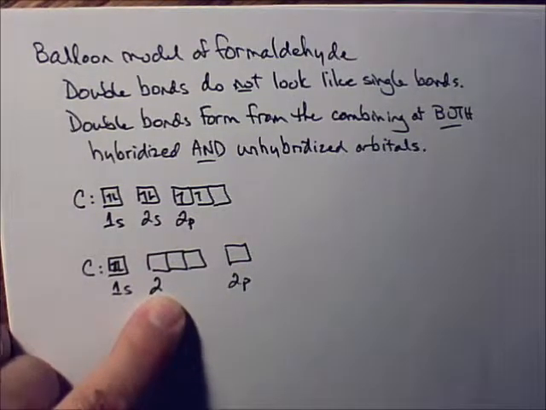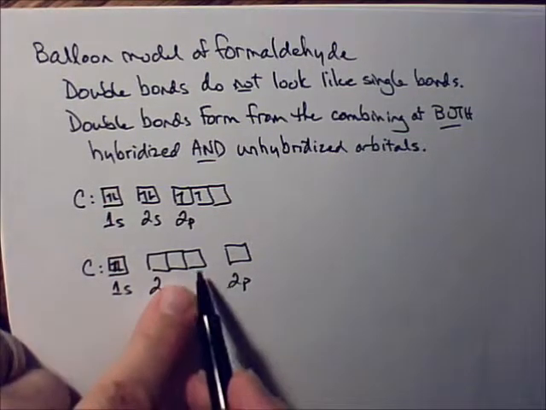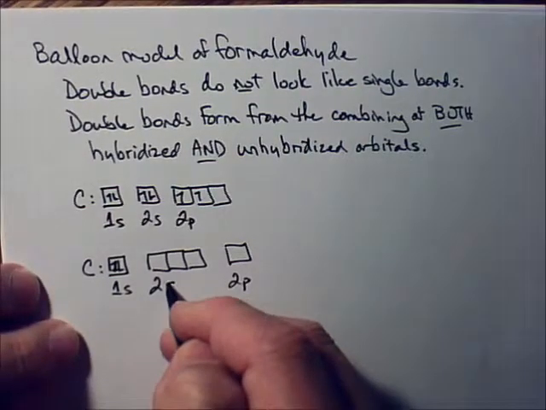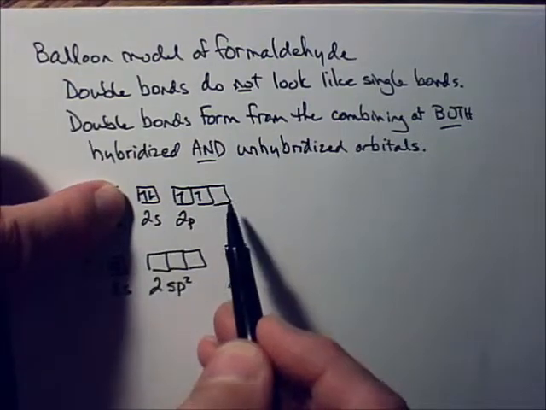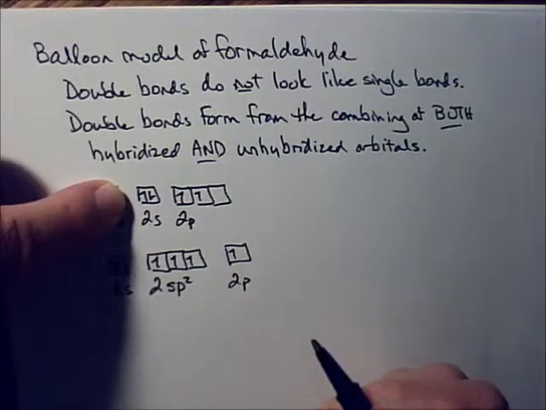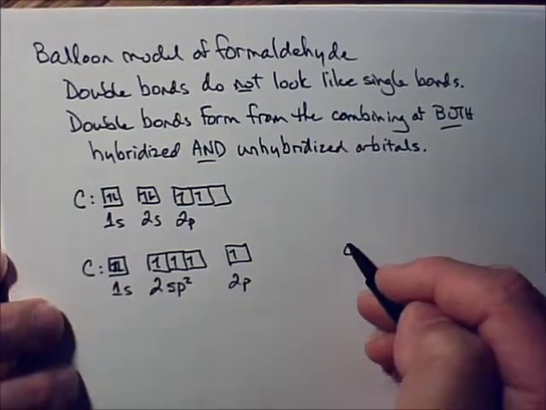The reason it's called sp3 is because you have one S and three P's mixed together to make four new orbitals, all the same. Well, if I only use two P's and one S, what kind of orbital is that? sp2. This is an sp2 hybridization. We take all the valence electrons and put one in each of the orbitals until we're done.